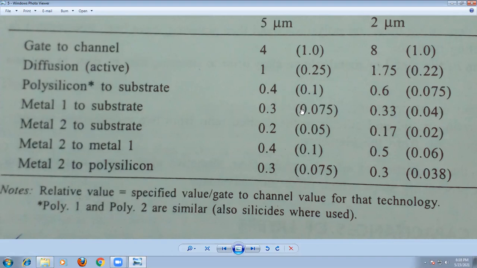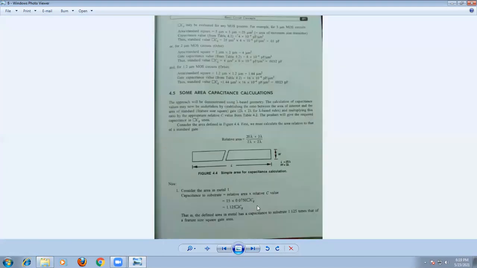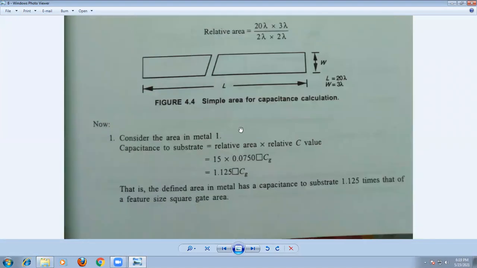So take the relative value of metal 1 to substrate capacitance in 5 micrometer technology, 0.075, and substitute it here. If you consider the relative values, the unit you will get is square CZ. This is the most important thing you have to remember.